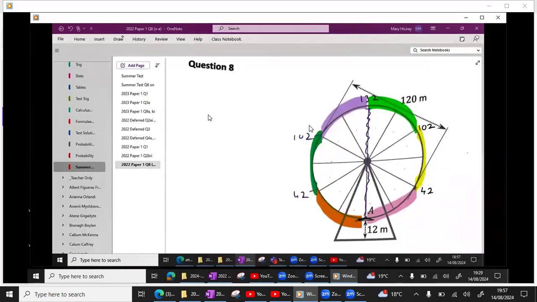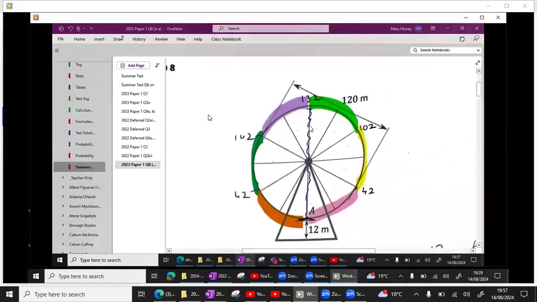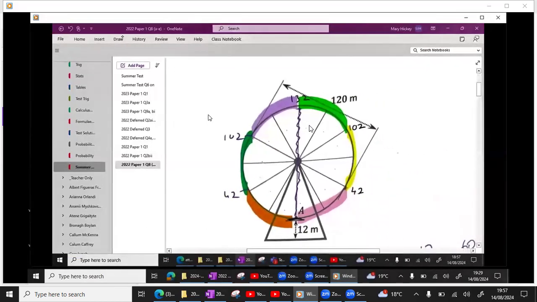Now, I suppose the only thing here is, I know A is in that position, but it doesn't say A has to start at the bottom. So in practical terms, if you've ever been on a Ferris wheel, of course you have, you have to get in at some stage, but while they're loading the other passengers, the ride hasn't started. So you can start the ride from there, or the ride might start if you're there.